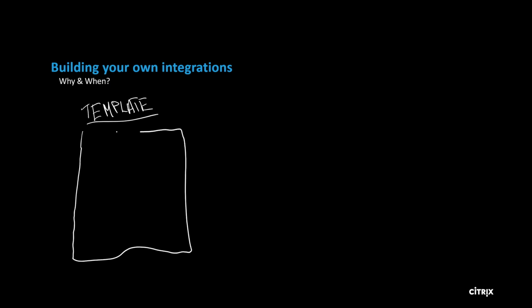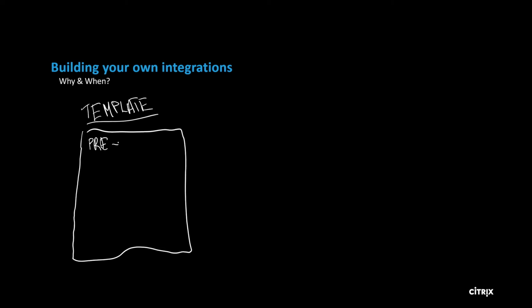Let me just activate the pen here. There we go. As I mentioned, we often talk about what we call the template integrations. What that essentially means is that we at Citrix want to ease the onboarding process for you.